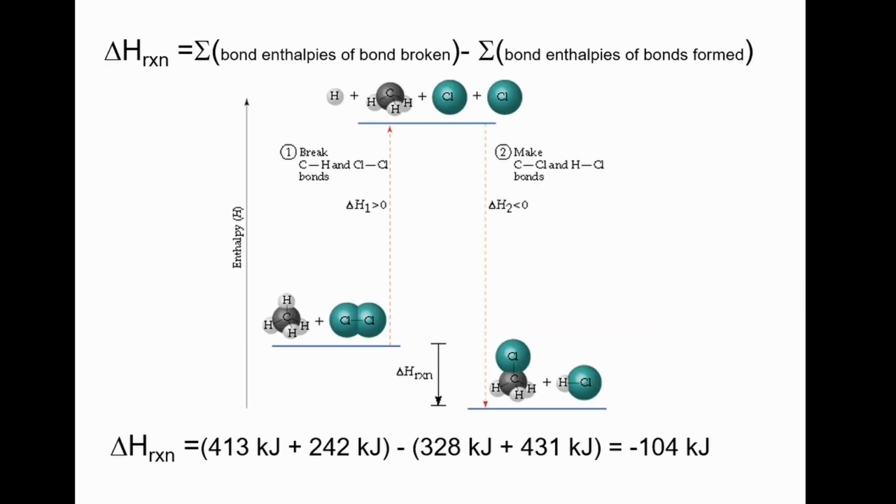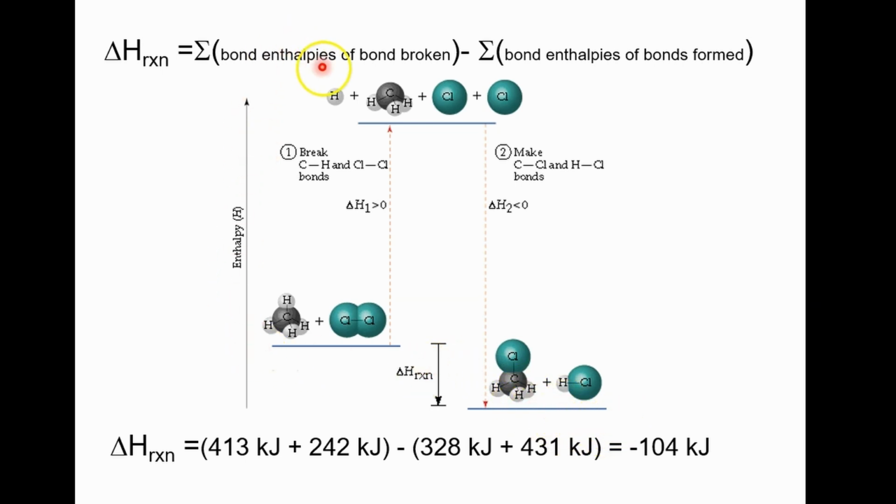So here is a reaction where methane gas reacts with chlorine gas. We form HCl as a product. So here's CH4, Cl2, and the reaction forms chloromethane. This would be CH3Cl plus HCl.